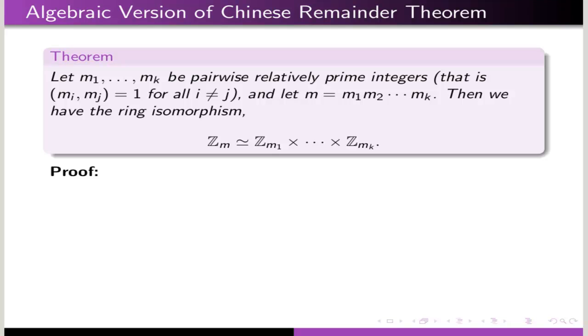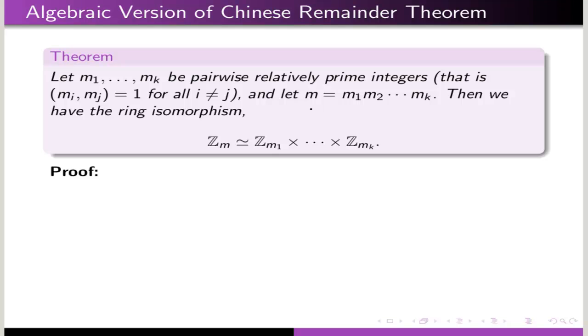So what is the algebraic version of the Chinese remainder theorem? I'll let m1 through mk be pairwise relatively prime integers. Pairwise relatively prime means that no two of the mi's share a common prime factor.